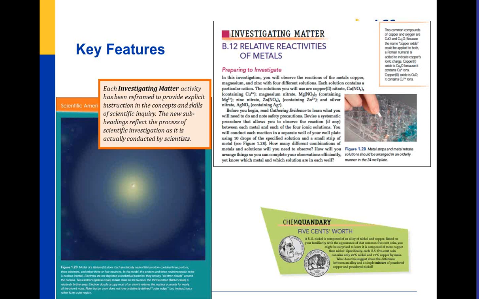So they're integrated in. You don't have to go think, oh, what kind of lab can we do? These are all integrated in. And they each have these new section titles. So we always start each section, instead of saying what is the purpose of the lab or background, we always say prepare to investigate. So a real scientist is, before they do an experiment, they're going to prepare to investigate. So we want the students to think like scientists, and they're going to prepare to investigate as well.